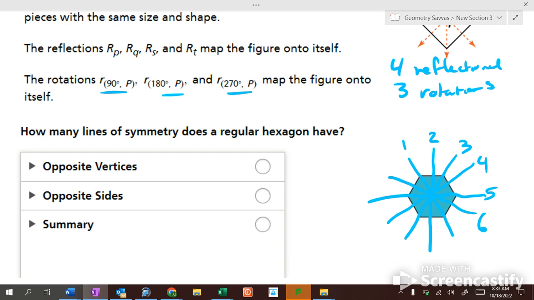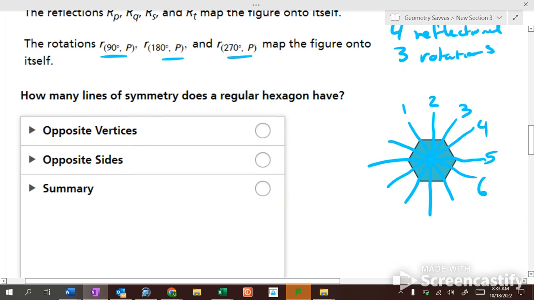So rotational symmetry. How many rotations can you make? Starting here. Well, 1, and then you go to 3, which is 2, 3, 4, 1, 2, 3, 4, 5 rotations, right?